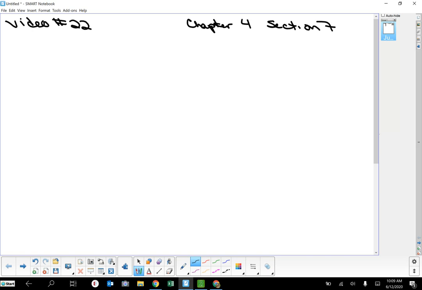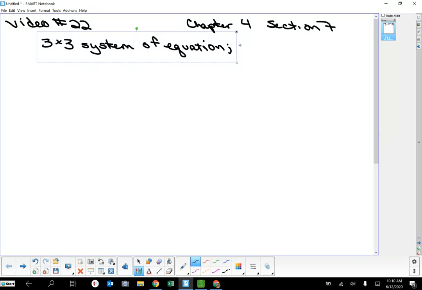These are also 3x3 systems of equations. These are solved a little bit differently, though, because they have a missing term, at least.